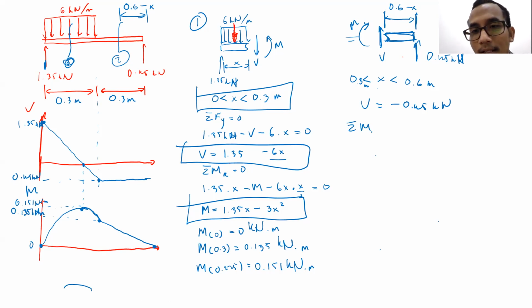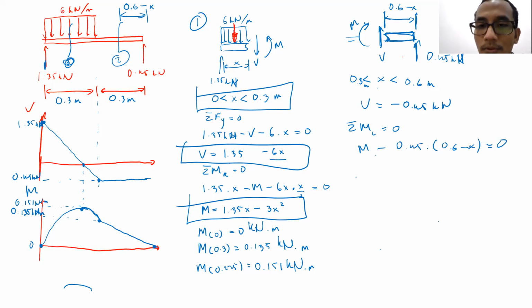Is it okay if I use clockwise as positive? Yes, of course. Then what do we have for sigma moment on the left side equal to 0? M minus 0.45 times 0.6 minus x equal to 0, right? Yes.